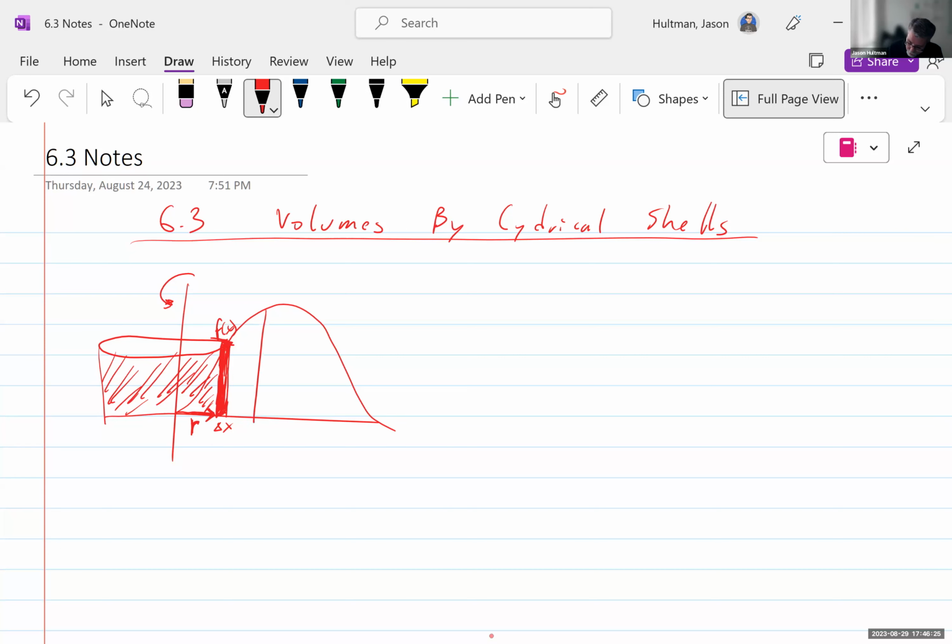If I had another strip out here of delta x, that would be out at a different r, which is really the x value. Maybe we'll call this r1 and this r2, that would be out at r2, and then that would create a different surface area that is a cylinder.